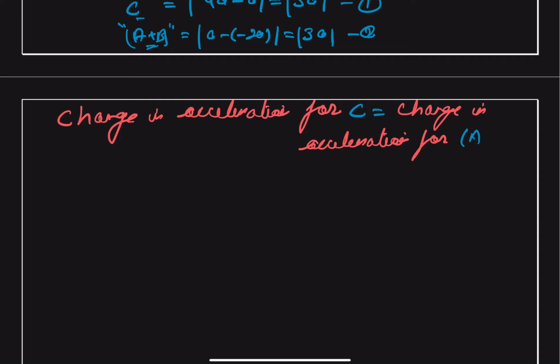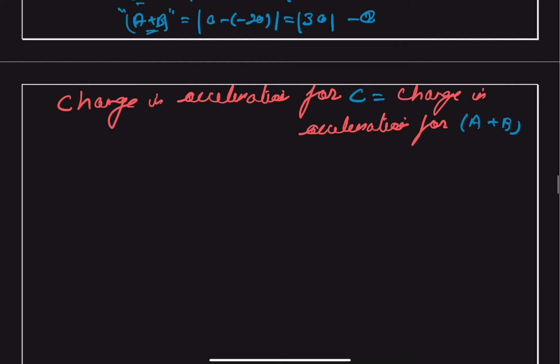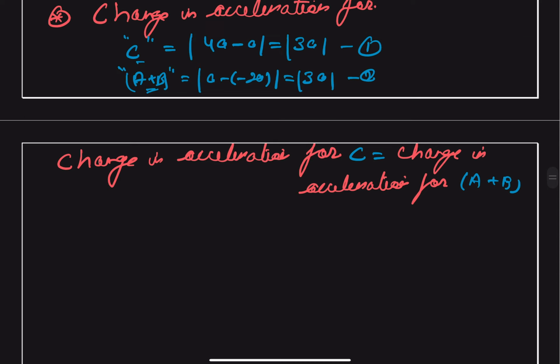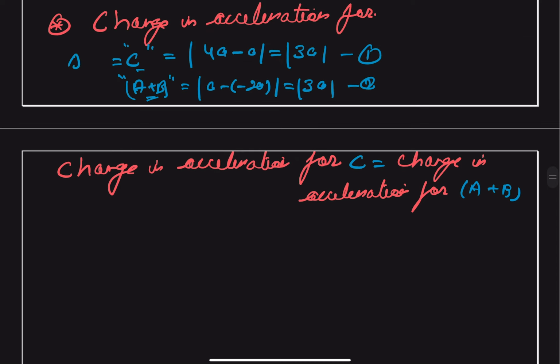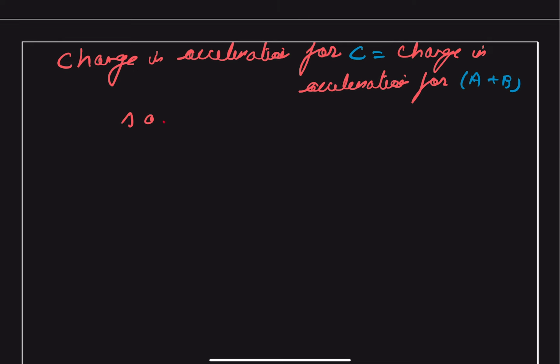If we represent the change in acceleration in terms of delta, let us say this is delta AC and this is delta of A plus B. So we can write that delta AC is equal to delta of A plus B, and let us assume that this is equal to delta A.